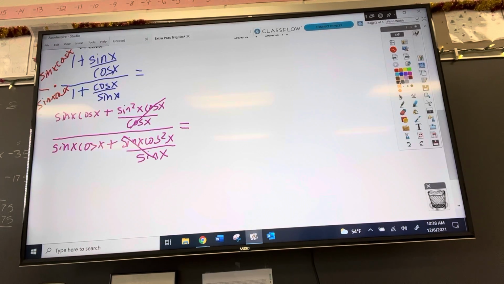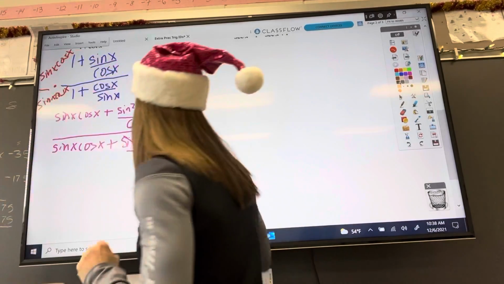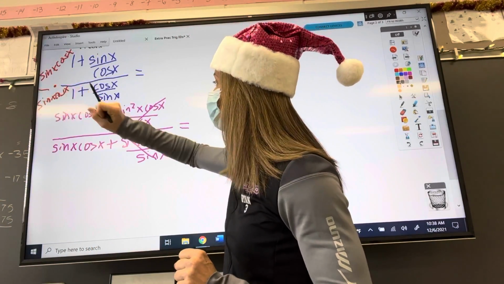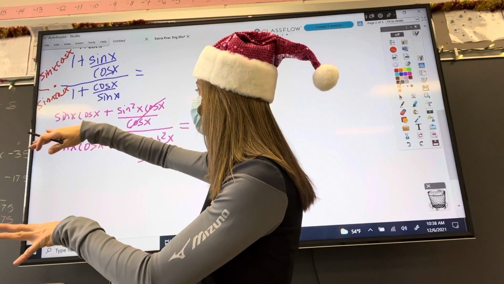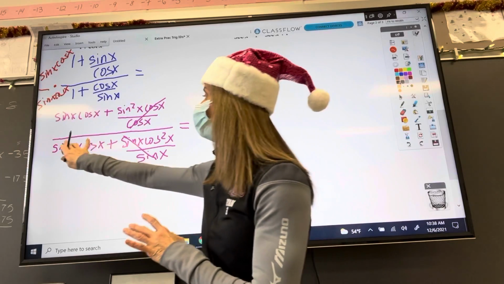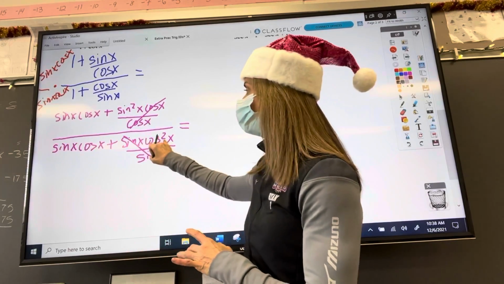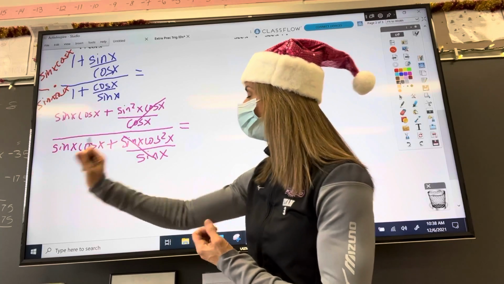Black. Okay, so in the numerator, we have a sine cosine plus sine squared. So I'm going to factor out, because those are two terms, a sine of x out of each of those terms. And then in the denominator, we have sine cosine plus a cosine squared. And in the denominator, I'm going to factor out a cosine out of each of those two terms.